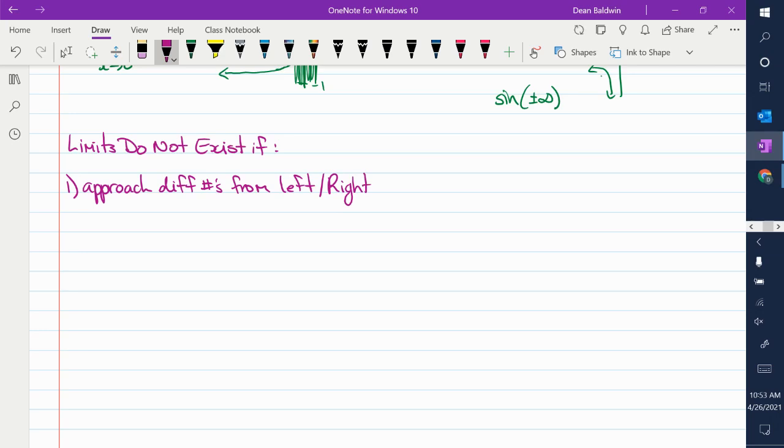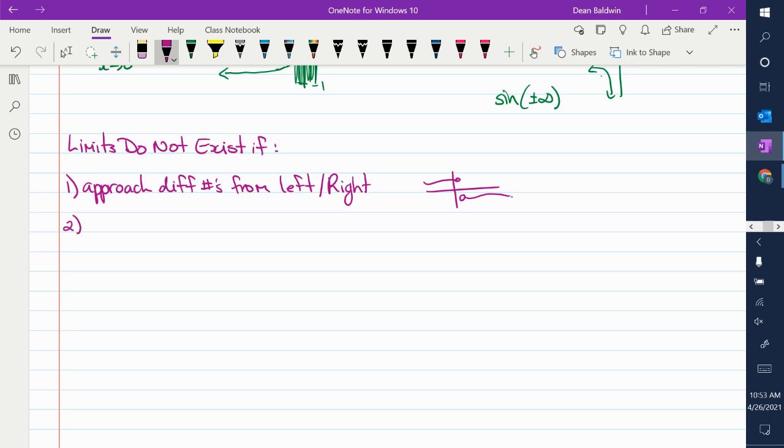Graphically, that would be a graph that looks like this. You'll see a jump. This is called a jump, because the graph jumps from here to here or here to there. So if you have a jump at that point, the limit does not exist.